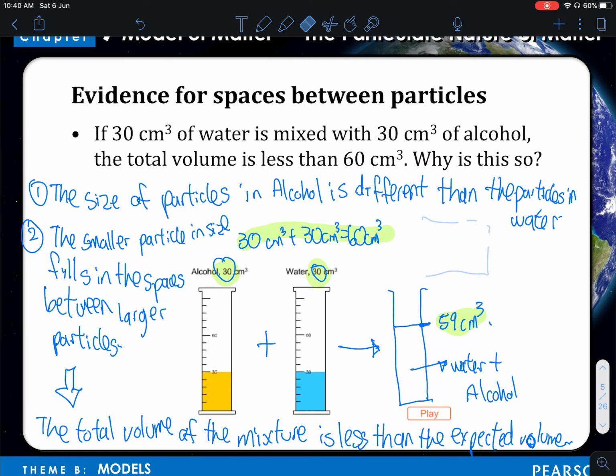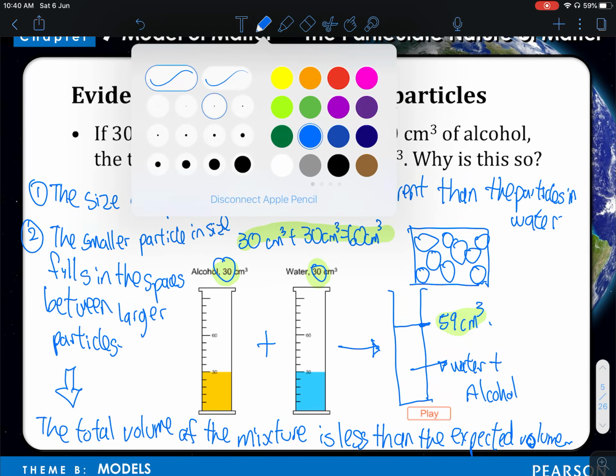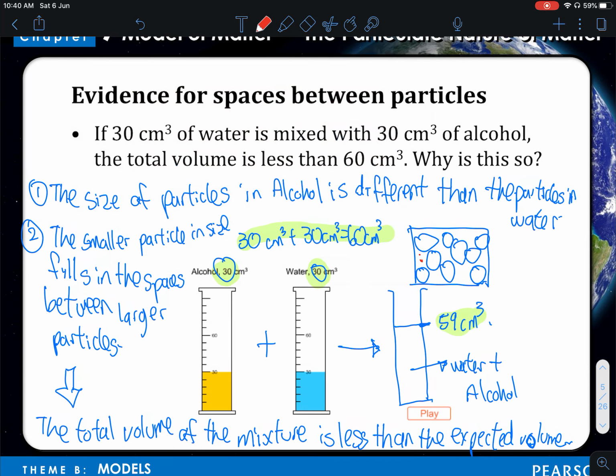Instead, let's say you have a container that has all these big particles. Then you pour small particles inside. You realize that the smaller particles are able to seep through these empty spaces.